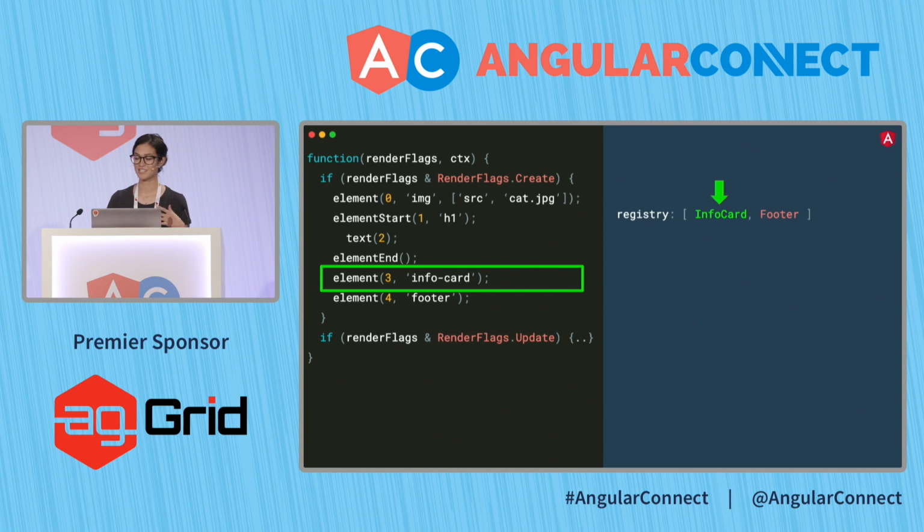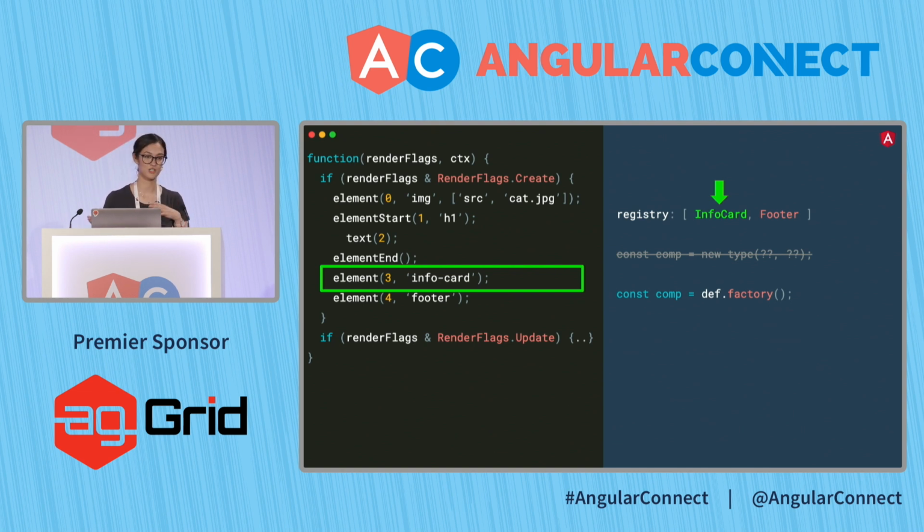And at this point, we need to actually instantiate the directive or component that we found. So your first thought might be, oh, the framework should just call new on whatever type it is, and then you're done. But that doesn't really take into account dependency injection. Any of these components or directives could have any number of parameters that could be anywhere in the tree. And so what we do is we instead call the component's factory.